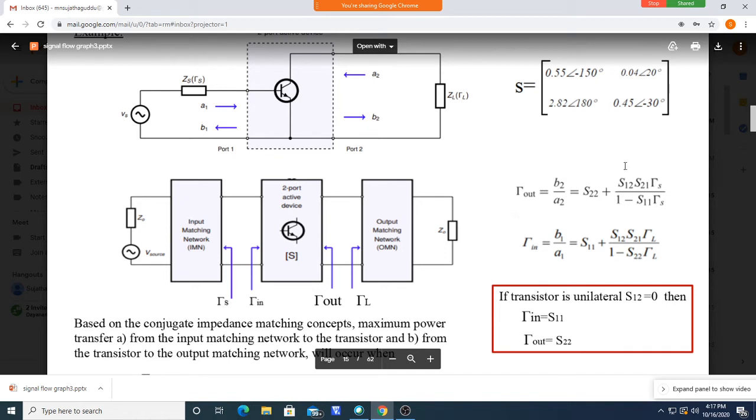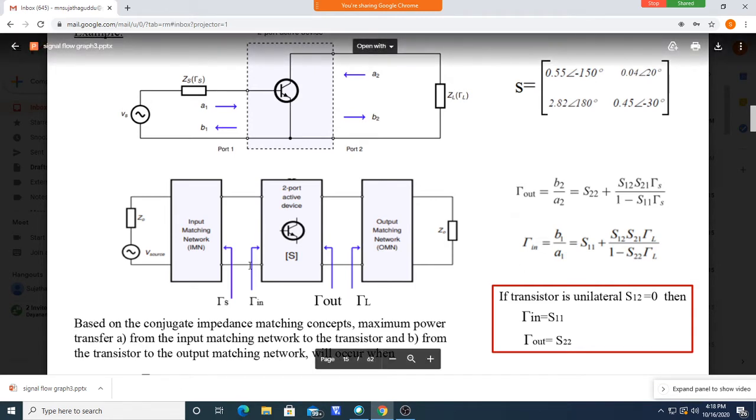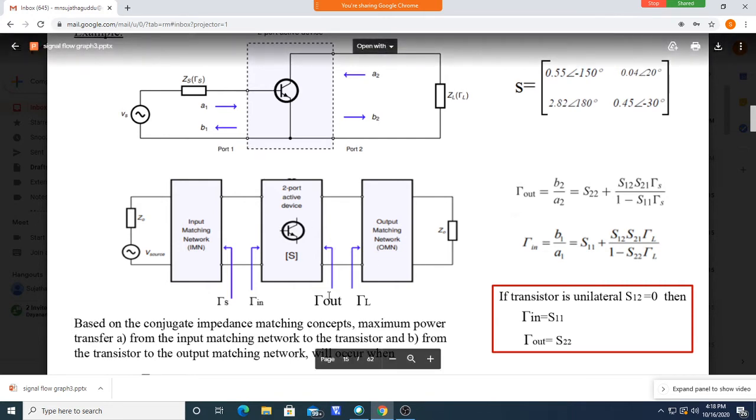So we chose this transistor, its S matrix is fixed for that particular frequency, so automatically tau in and tau out are fixed. Your input reflection coefficient and output reflection coefficient are fixed now.